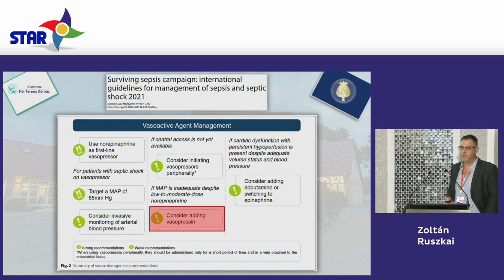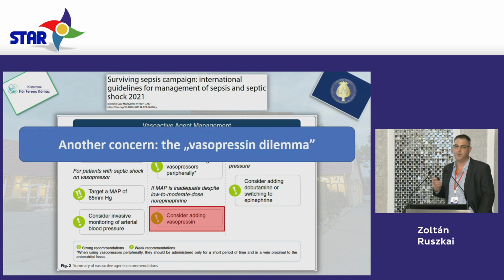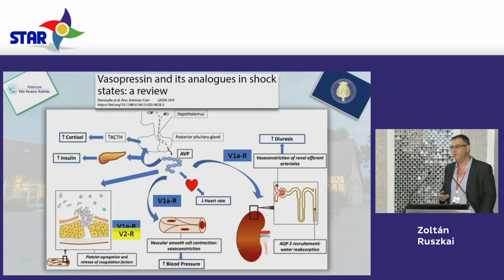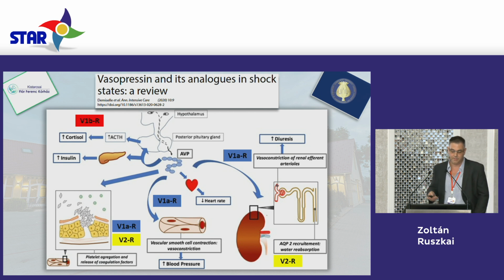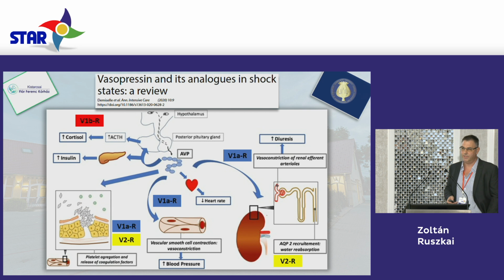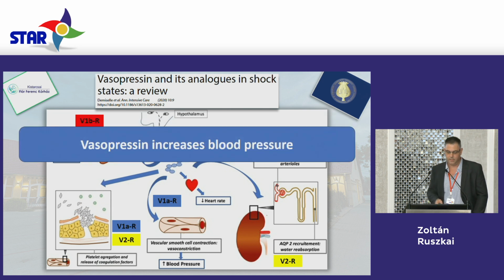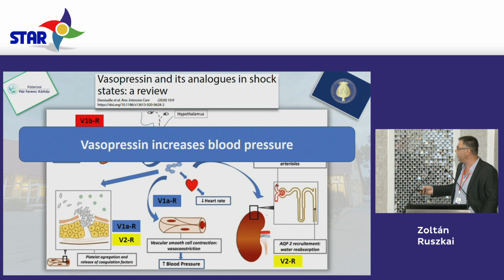The second question is the vasopressin dilemma. What is the background of using vasopressin? We know that vasopressin acts on three types of receptors, and we will choose the V1A receptor because vasopressin will increase blood pressure by vasoconstriction on this type of receptor.